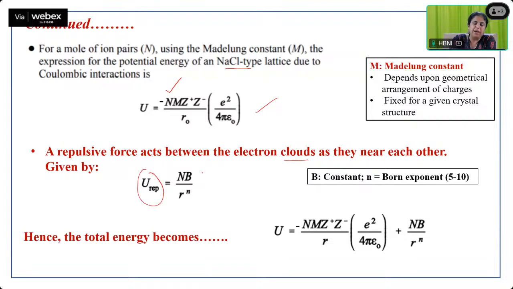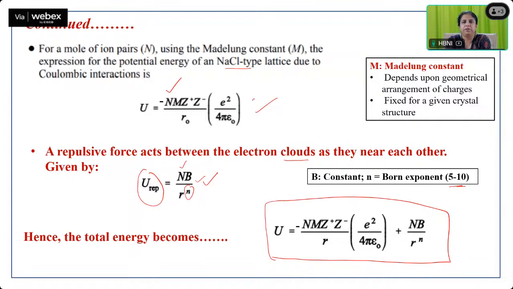This is given by this expression. N is Avogadro's number. Sorry, B is a constant and n is the bond exponent, with a value of 5 to 10. This you add to this particular term, and this is the expression you will end up with.